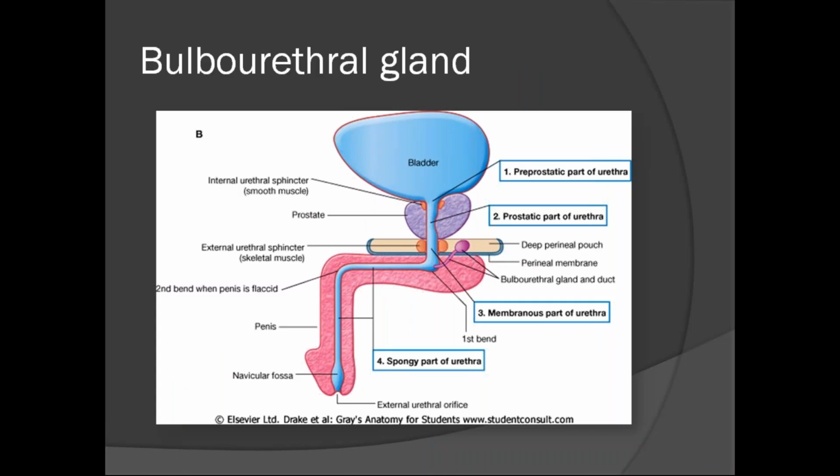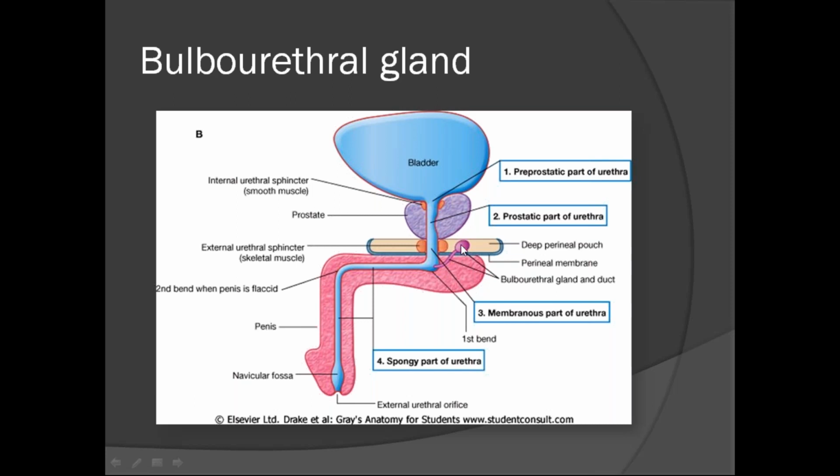So bulbourethral glands. Identify a similar picture, section of male seen from lateral view: bladder, prostate gland, perineal membrane. Here, this is the bulbourethral glands and its ducts. The ducts are situated in superficial perineal pouch.